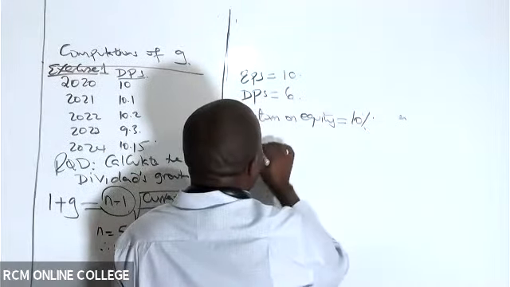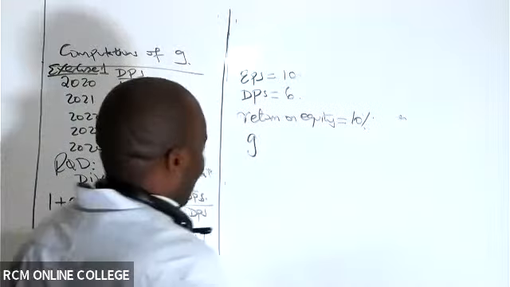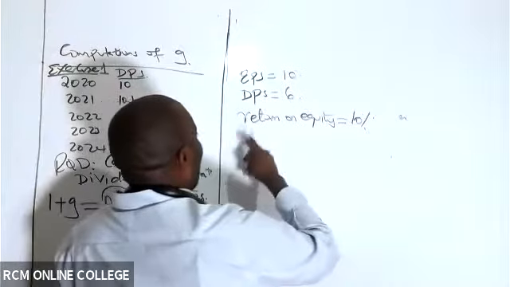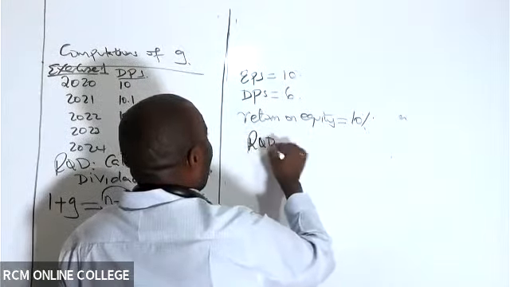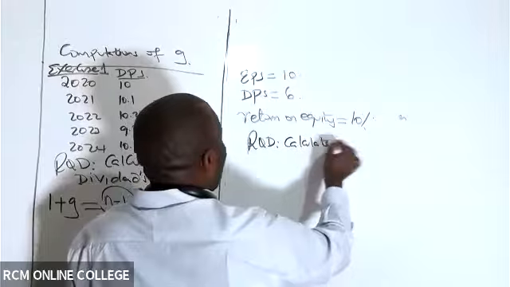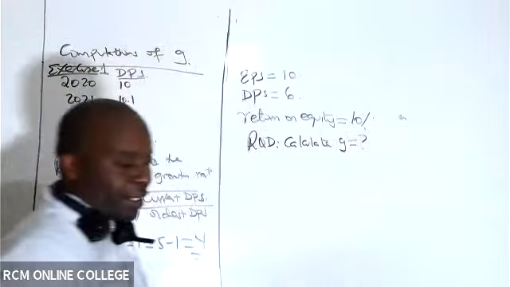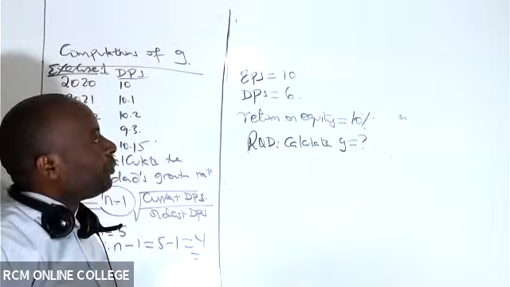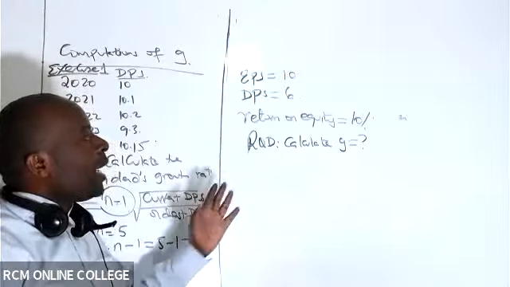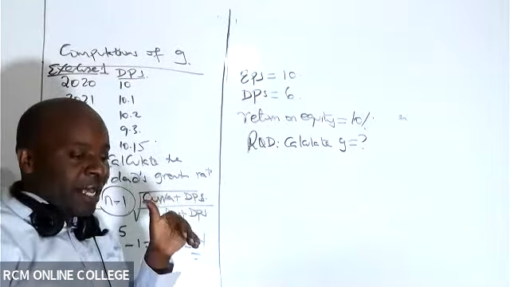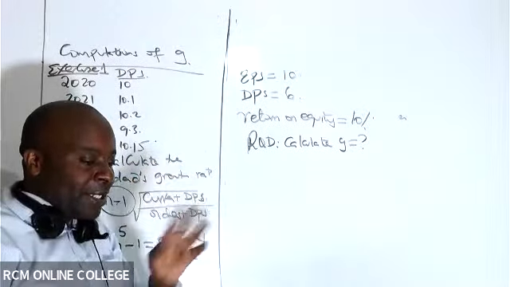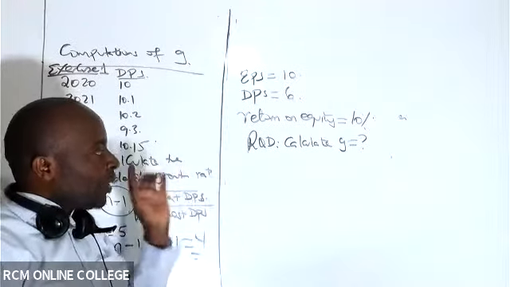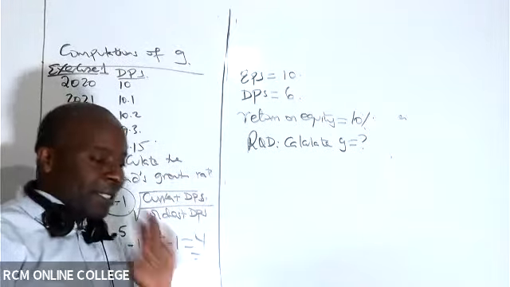We are required to calculate G, which is the growth rate. I am not given many dividends that I can use in the formula of 1 plus G. They have given me very scanty information and want me to calculate G, so I must dance a little bit.